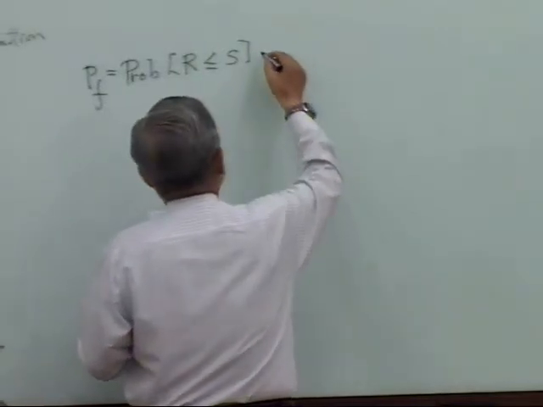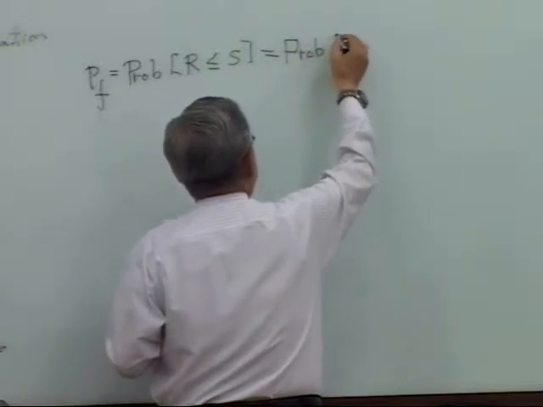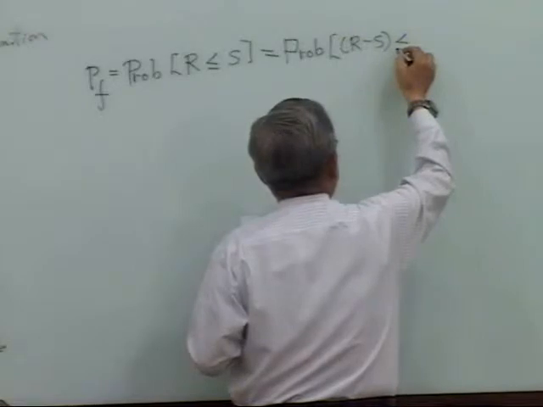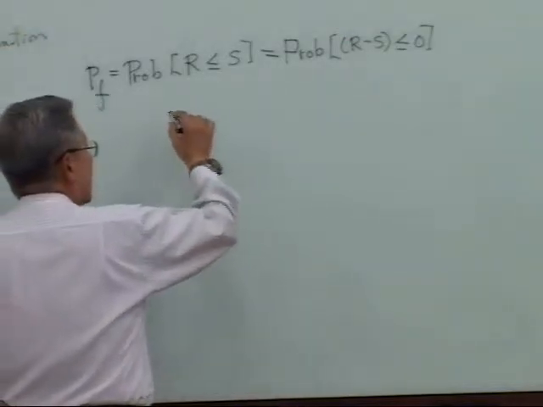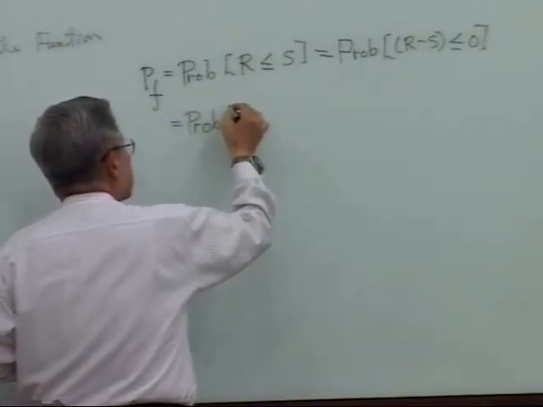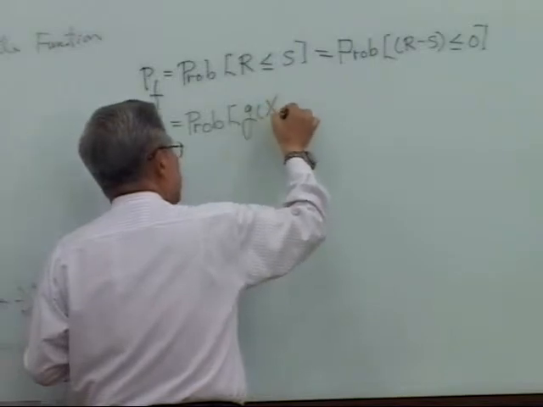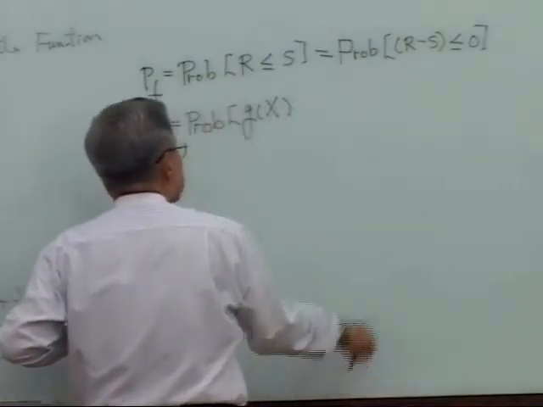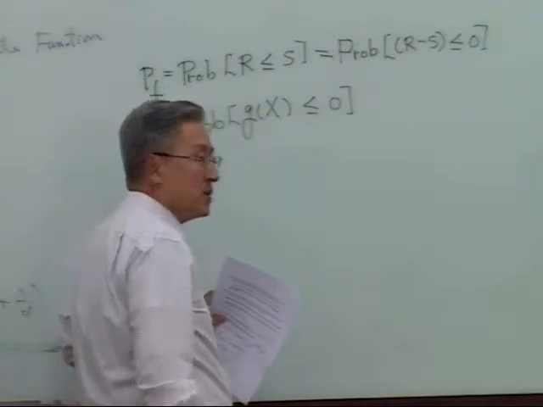Or I can write this as the probability such that R minus S is less than or equal to 0, or this is equal to the probability such that the function g of x, many random variables x in general, is less than or equal to 0.